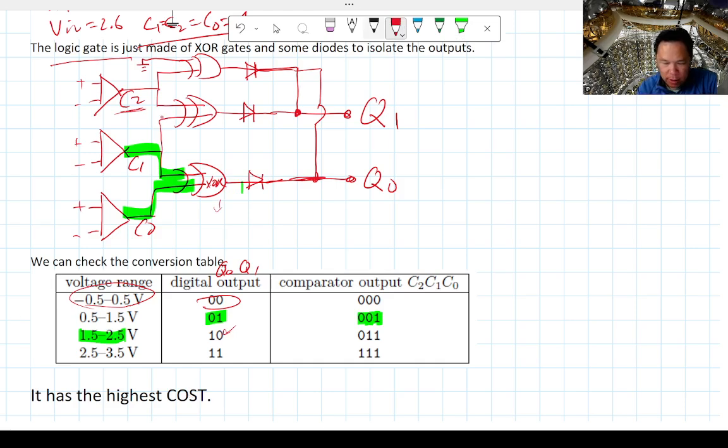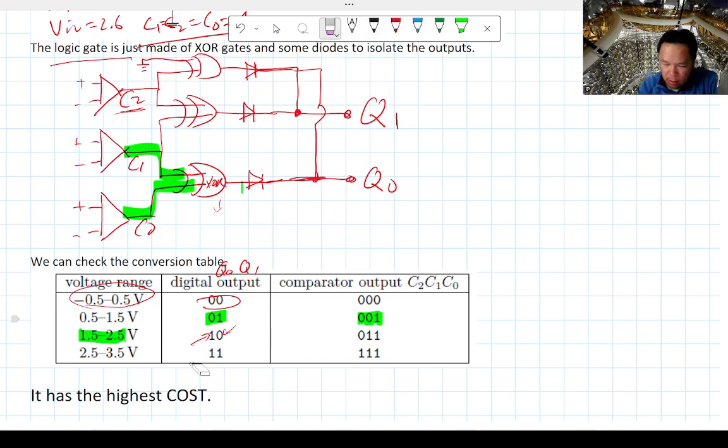But this signal is high, and C2 is still 0 because you haven't crossed the C2 threshold yet. This is just 1 and then 0, so the exclusive OR of 1, 0 gives you a high, and then you pass through this diode, and then you get Q1 as 1.